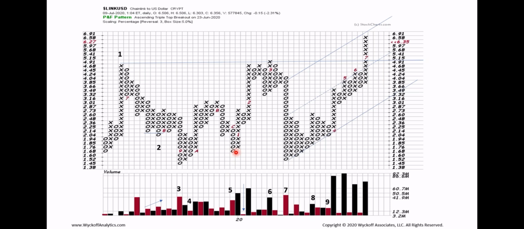Point 5. Very high volume, but we make a higher low compared to point 3. Is this bullish or bearish, guys? It's bullish. This is very bullish.